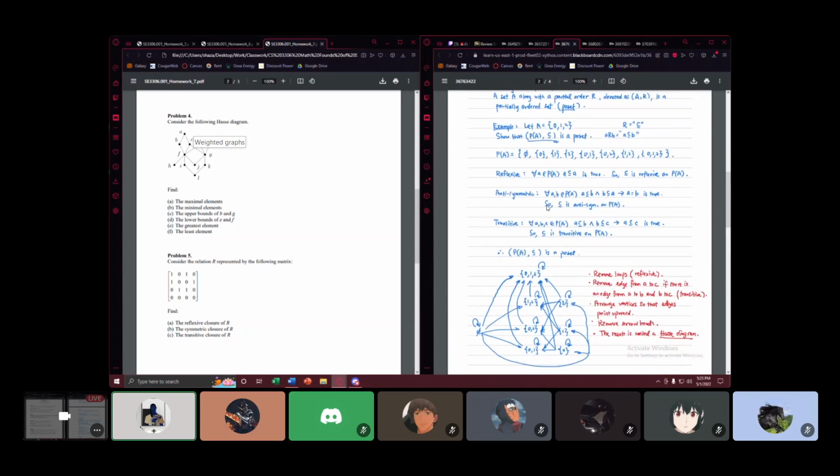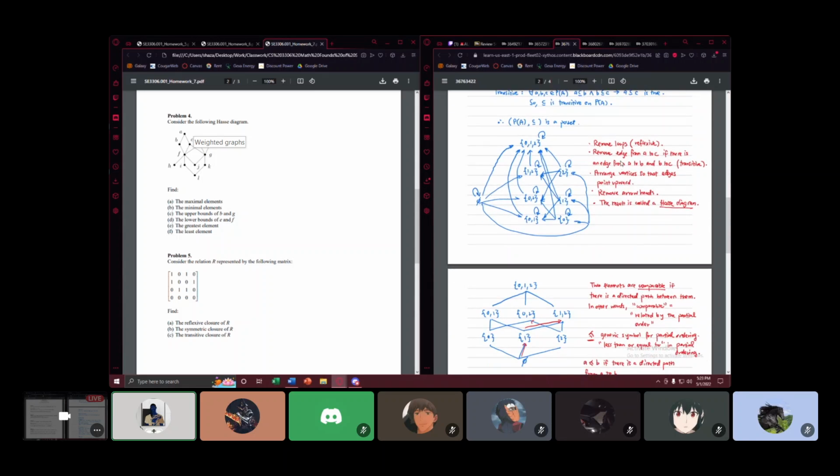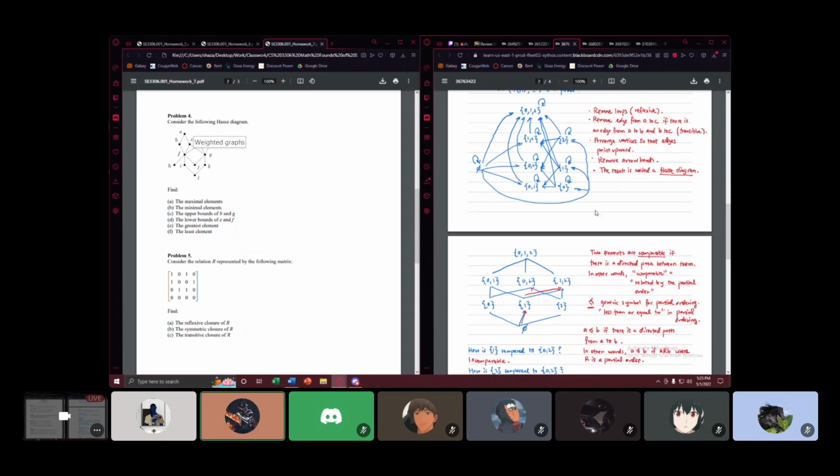Right there, where it says in red, remove blue, reflexive. It's basically a simplified version. Oh, that's what he was talking about. The day I walked in half an hour late, I was like, what is going on here? The Hasse diagram is like a simplified version of the diagram above. So that's basically what it is.